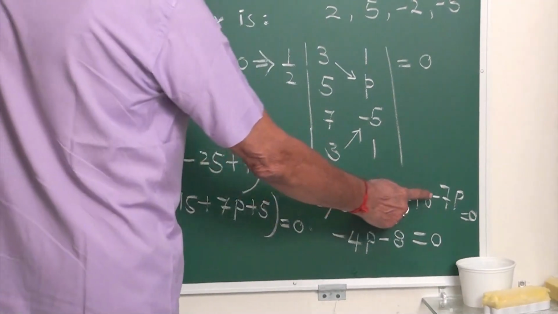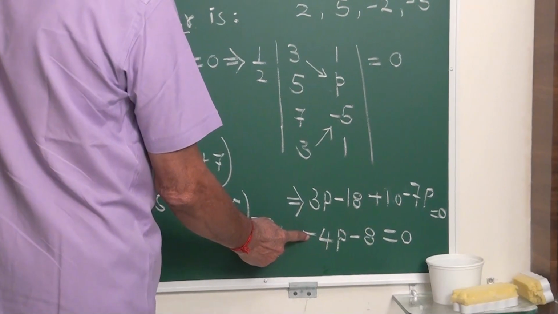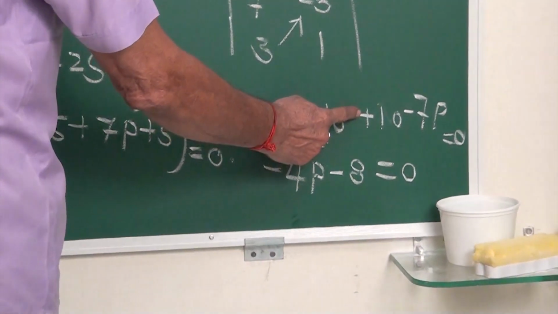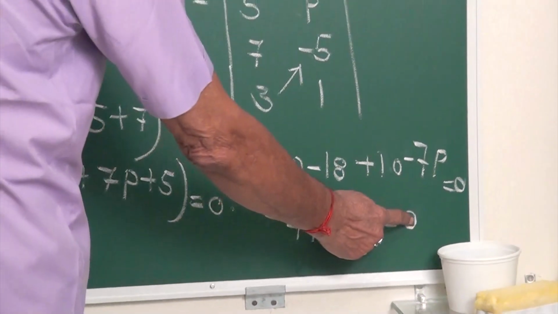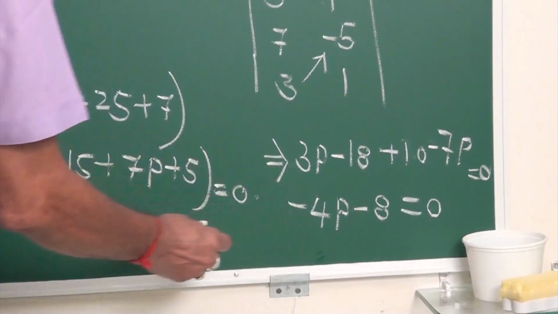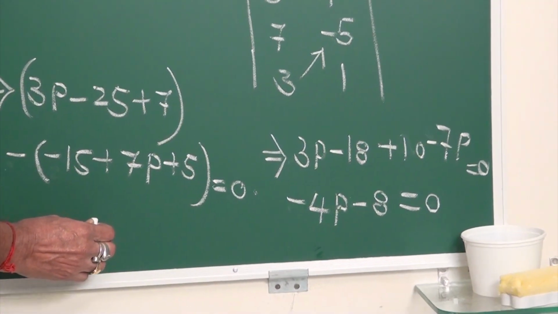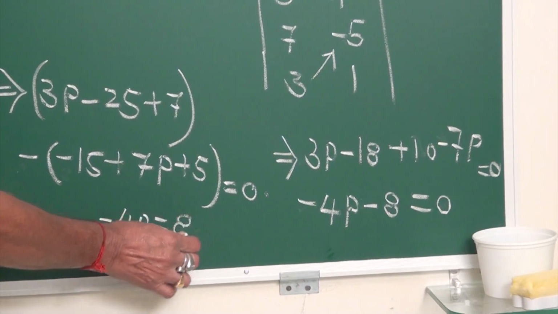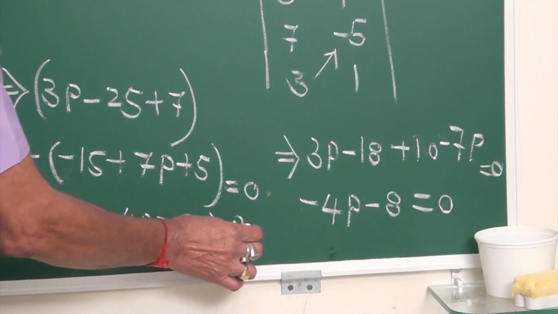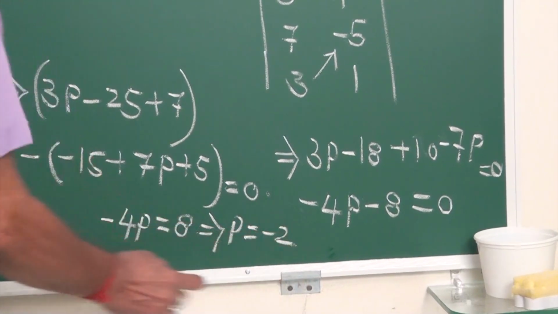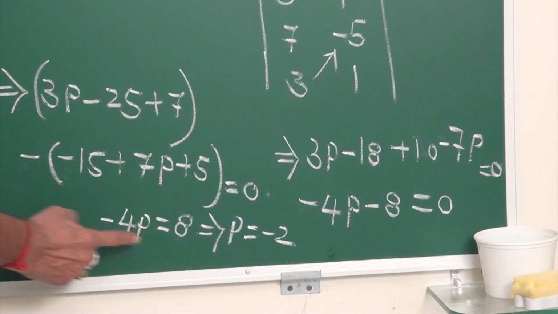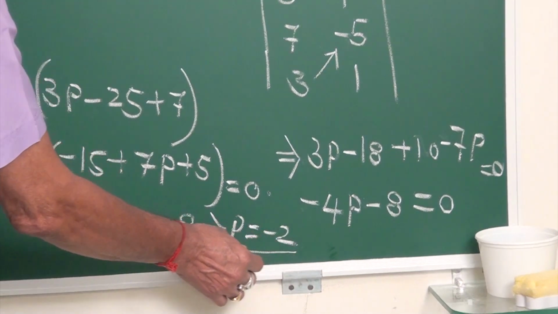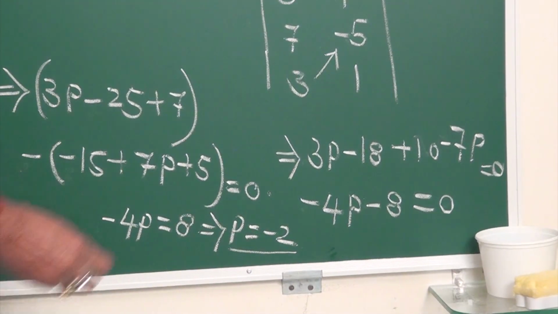Plus 3P minus 7P gives minus 4P. Minus 18 plus 10 is minus 8 equal to 0. Then what is the value of P? So minus 4P equal to 8, taking this side. Therefore, the value of P is 8 by minus 4, which is minus 2. The value of P is minus 2.